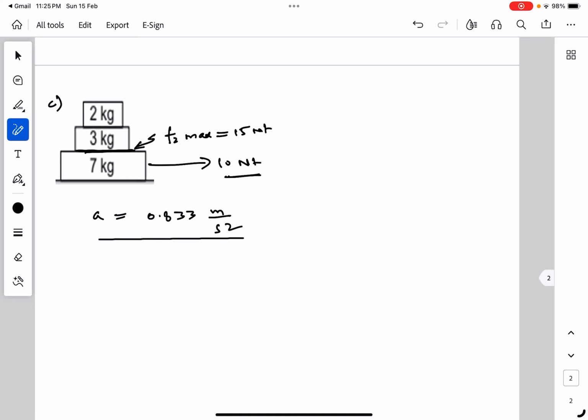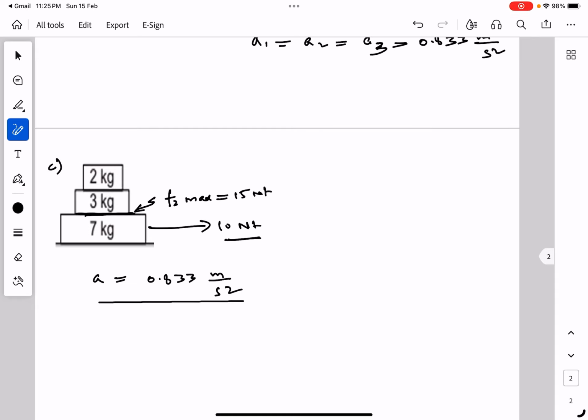Now let us find out the friction force required by 2 kg block for this acceleration. This will be equal to m into a. Mass is 2 kg and acceleration is 0.833 and this is 1.67 Newton.